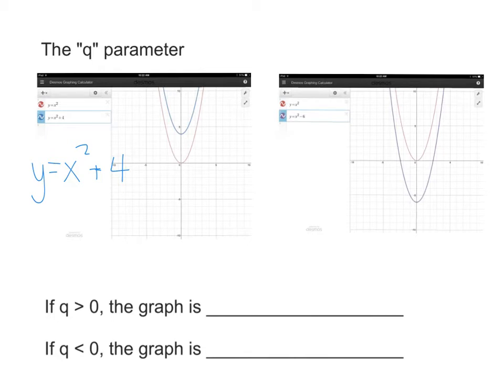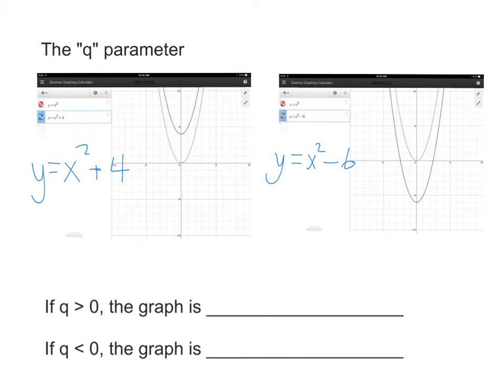So 4 is the q value, and what happened to that first graph? Moves it up vertically, yeah. 4 units, right? The other one, we have y equals x squared, and then y equals x squared minus 6. And what did the graph do? Down 6 units.